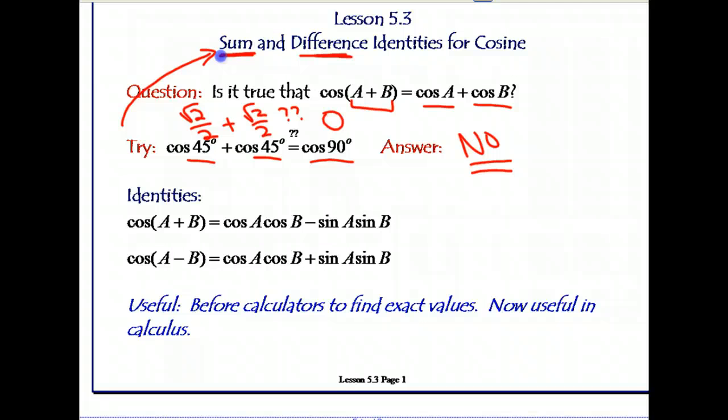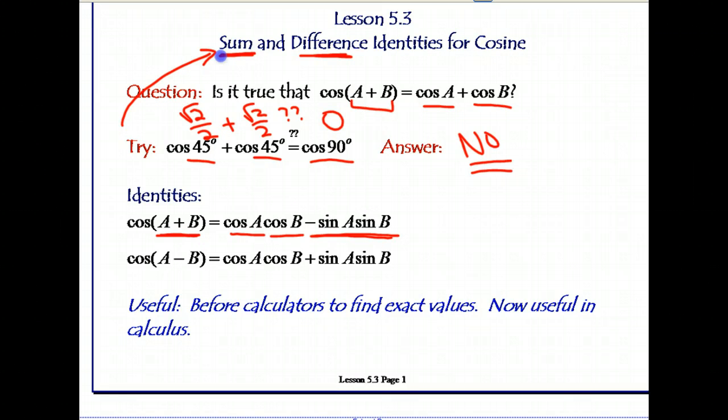That's why we need these other identities when we're adding or subtracting cosines, called the cosine addition identity and the cosine difference identity. So here they are down here. If I have the cosine of the sum of two angles, it turns out you take the cosine of the first times the cosine of the second, and then you get the second part to it. I'm not going to show you the derivation in the video; I can show you the derivation in class.